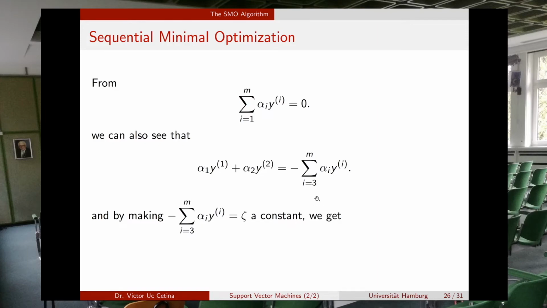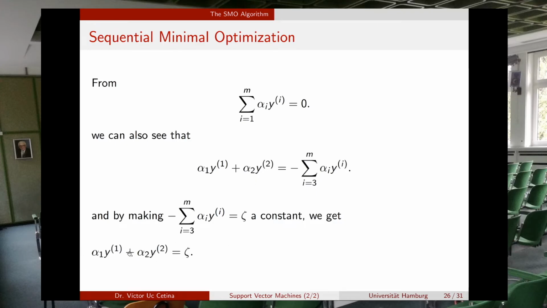And by making this sum a constant, which here we are calling zeta, we see that this is basically the equation of a straight line. So if we make this sum an arbitrary constant, some number, then we can focus exclusively on alpha 1 and alpha 2.